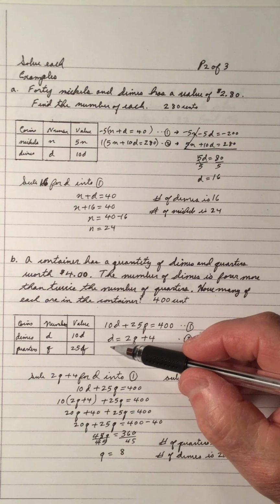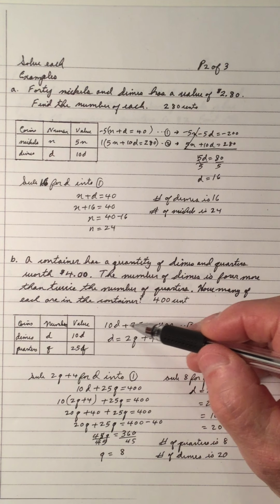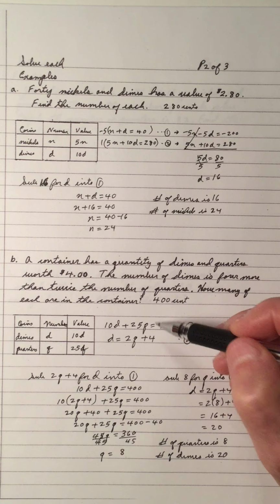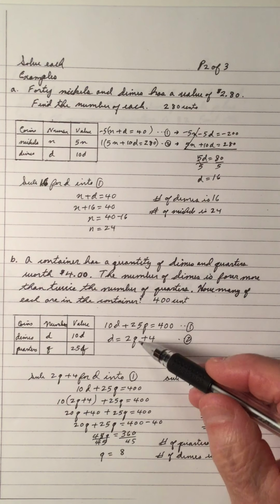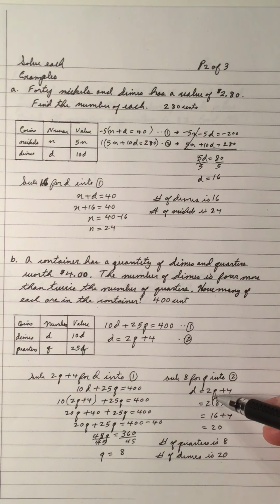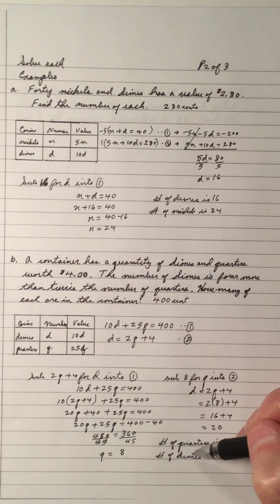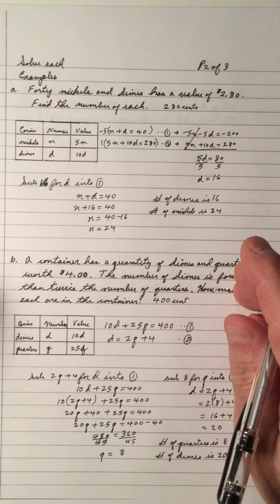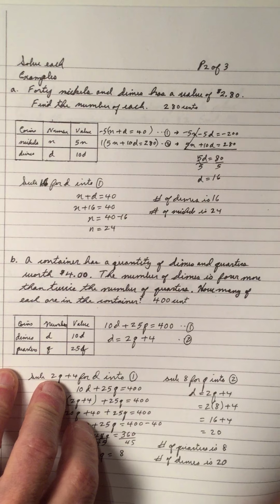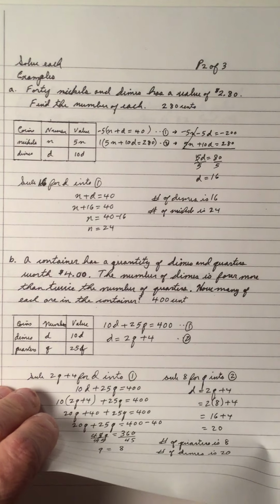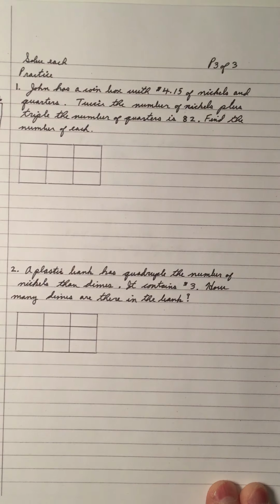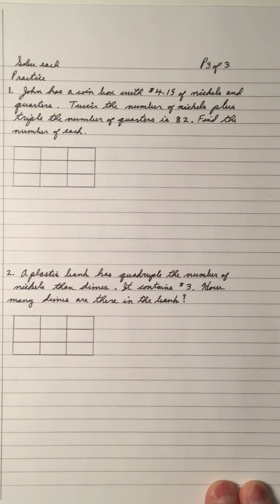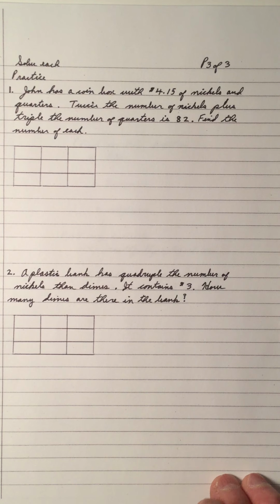For D, I put in 20, Q, I put in 8, and see if you get 400 to check it out. We don't have to check this one because we already worked this one out. So we check these values into here to see if we're right. Again, a little bit different than the other ones. The other money problems in the previous video, I didn't do a chart, but this one I did.